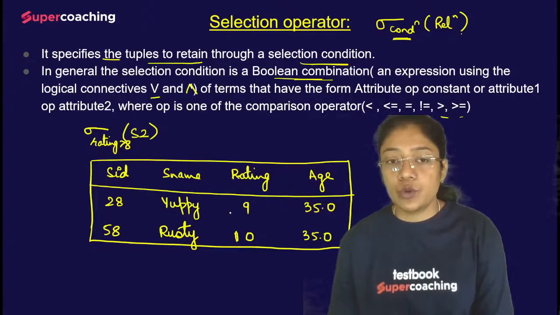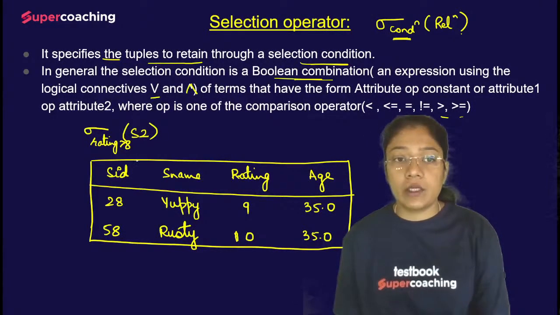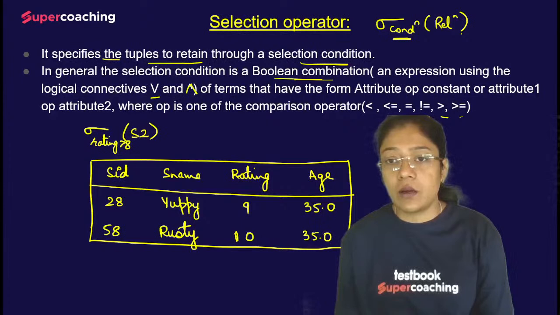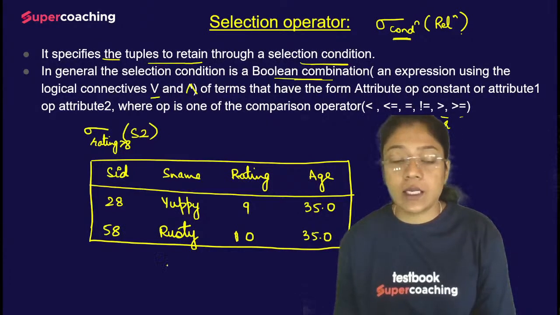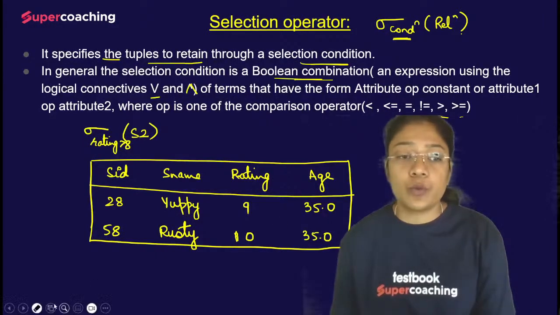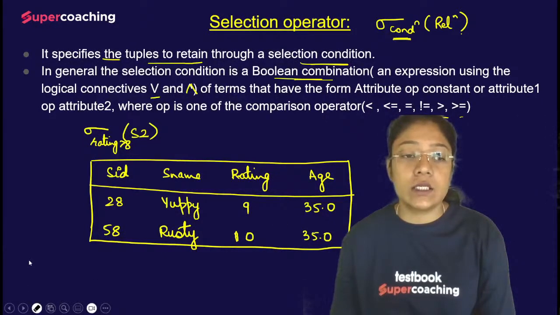Now, if I want to modify this, here we were just getting the projection of this query. Now, let us assume that I want to project SName and rating. You can also write by mixing operators. You can obviously use more than one operator. I want to project the name and the rating of the sailors whose rating is greater than 8.